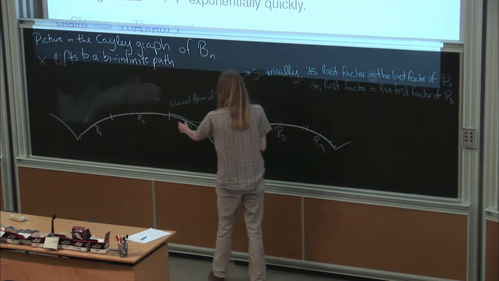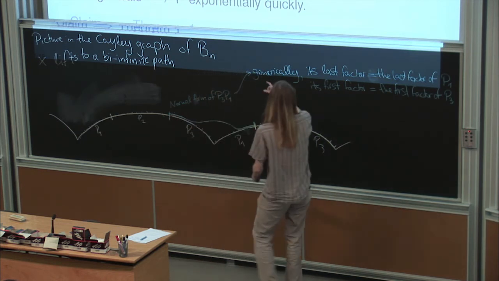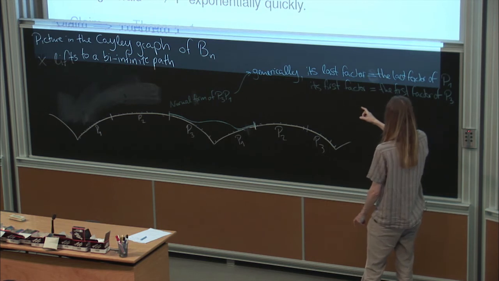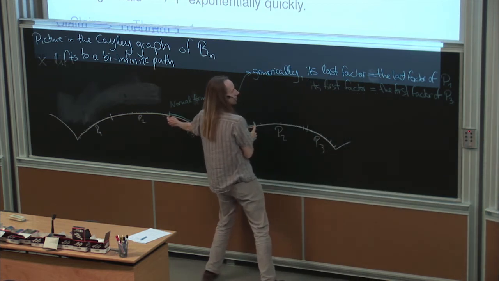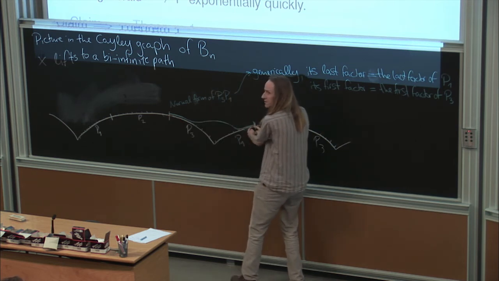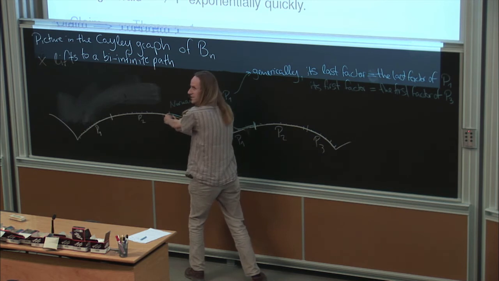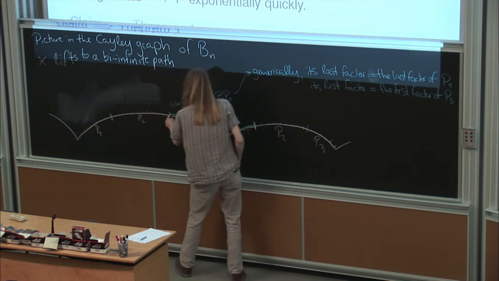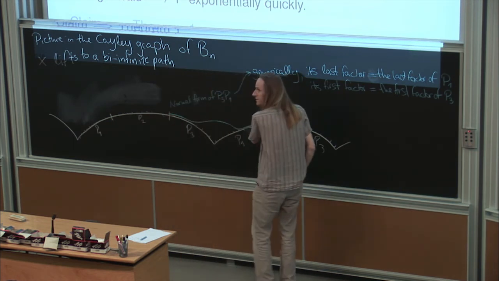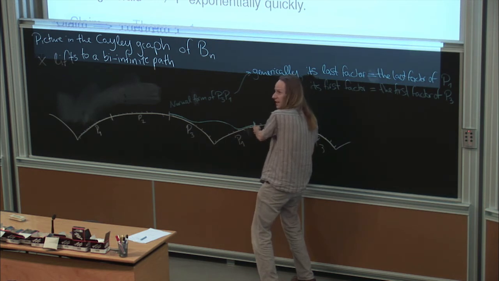Now, if the last factor of this blue braid is equal to the last factor of P1, and the first factor here is equal to the first factor of P3, well, then P2, the normal form of P2, followed by the normal form of P1, is a braid which is conjugate to the original braid X and which is now rigid.